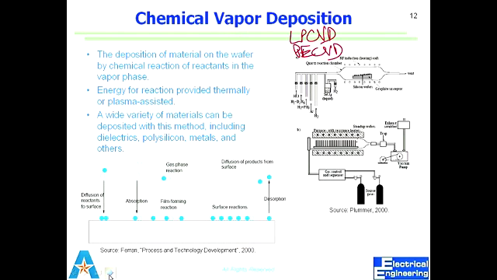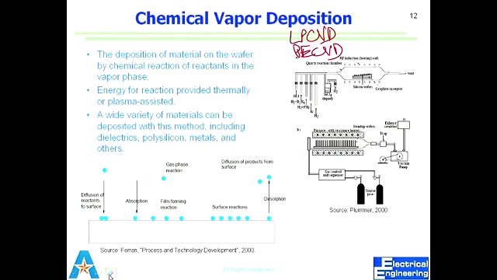But the difference is in oxidation we are not doing any chemical reaction except oxidation itself. In LPCVD, our reaction depends on the gases that we supply, right? And that results in whatever material. So for LPCVD, we keep the furnaces dedicated for one type of material.